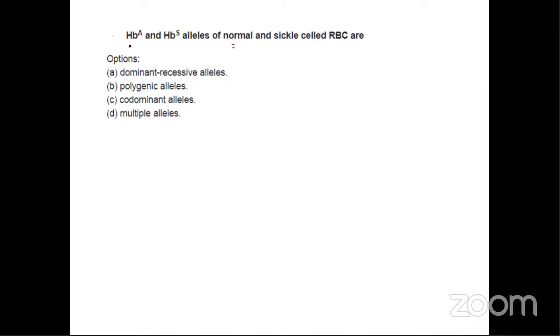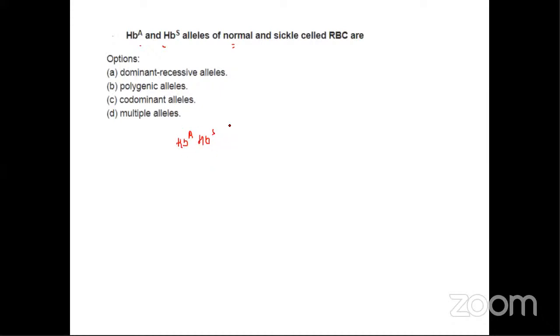See guys, what is the question saying? HbA and HbS alleles of normal and sickle cell RBCs are. Now suppose that I have a person who's having HbA and HbS. ठीक है, एक normal है, एक mutated है.